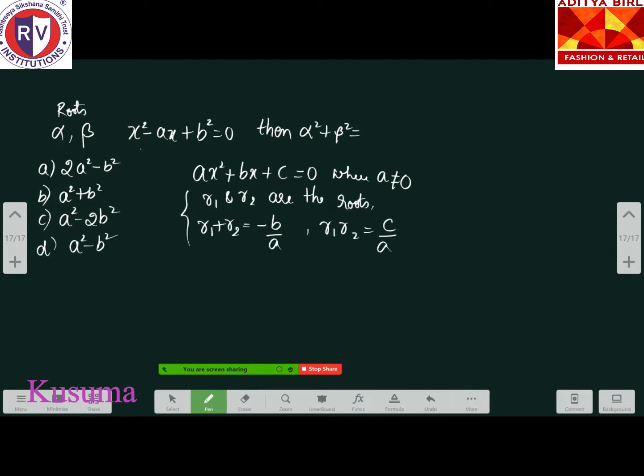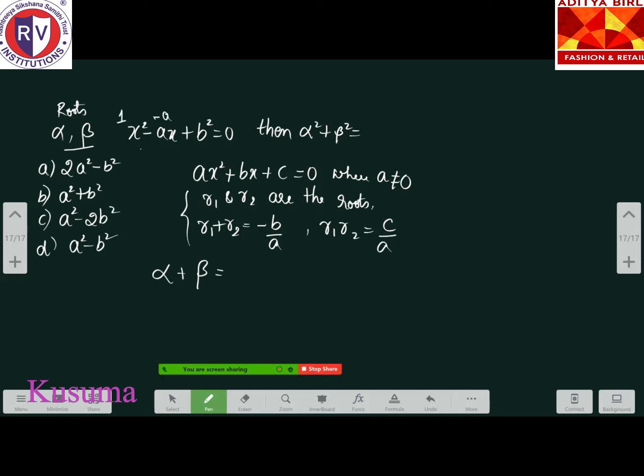So here, given that alpha and beta are the roots, alpha plus beta should give us the negative of the coefficient of x divided by the coefficient of x square. The coefficient of x square here is 1, right? So this is 1x square. And the coefficient of x is minus a.